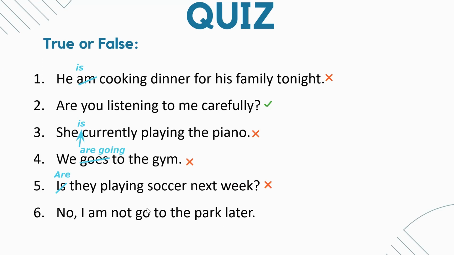So go is just the base form of the verb. Remember, we need to use our present participle. So we have to add ing to the end of our verb. So going. No, I am not going to the park later.